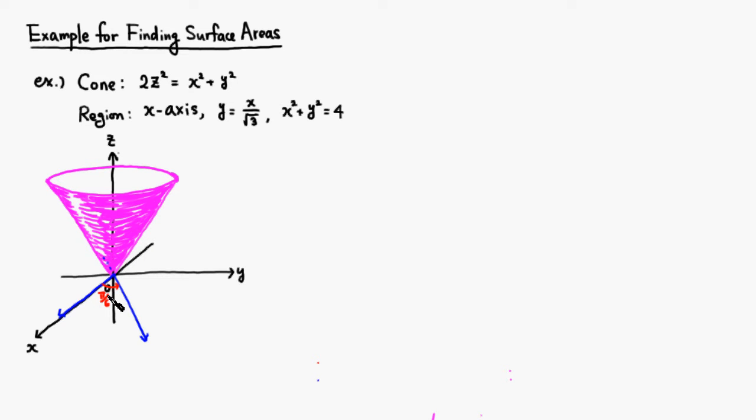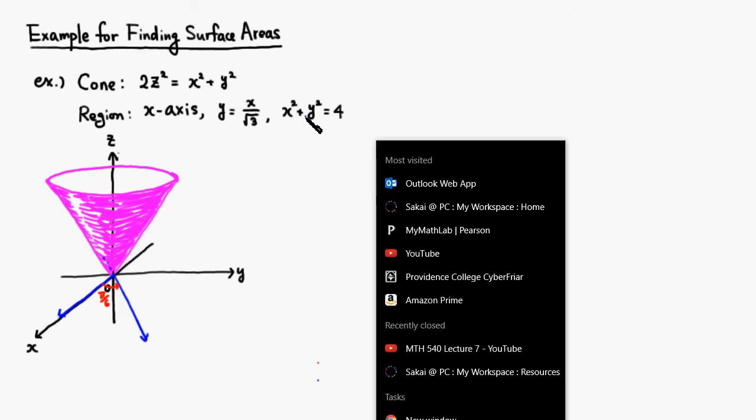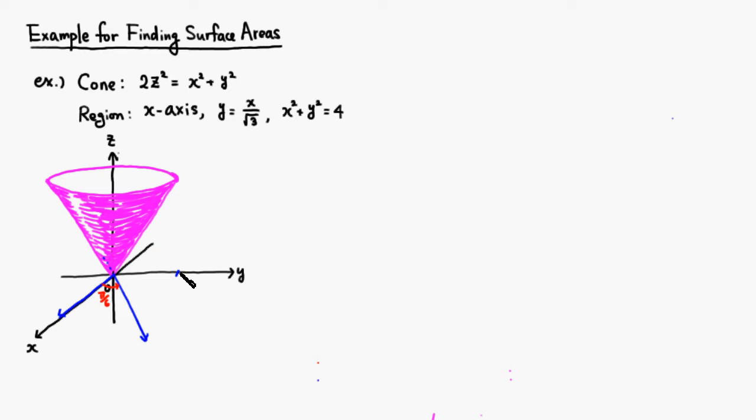Then also inside the circle x squared plus y squared equals 4. I'll just use blue. So the radius is 2. Kind of like that.